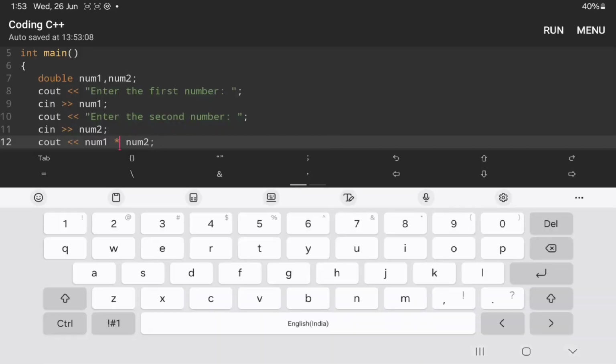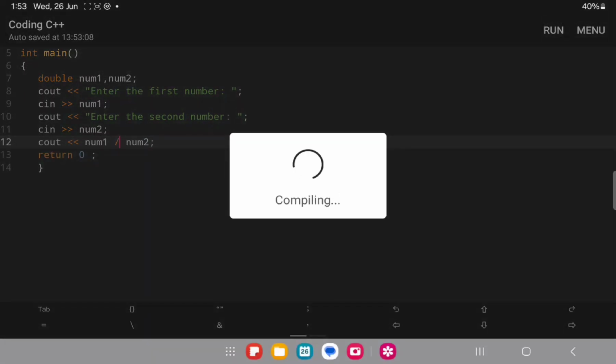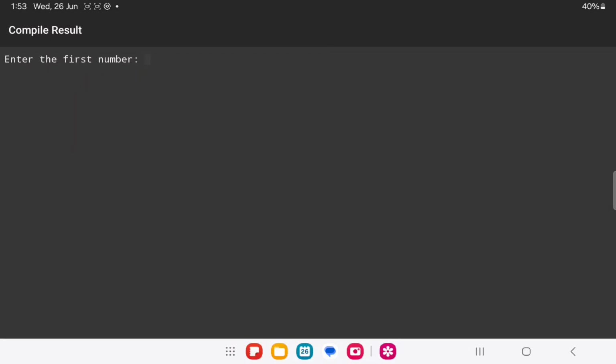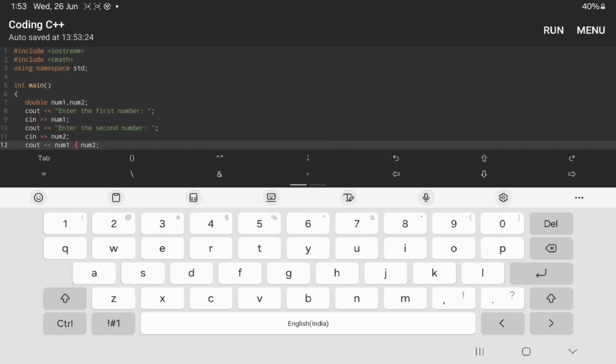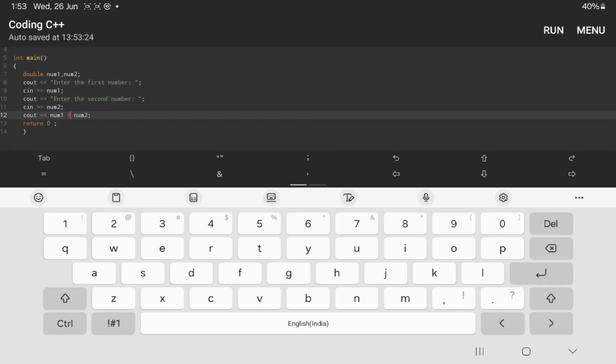You can also do division. 10, 3, 3.33333.